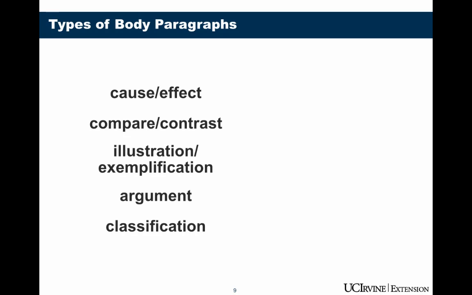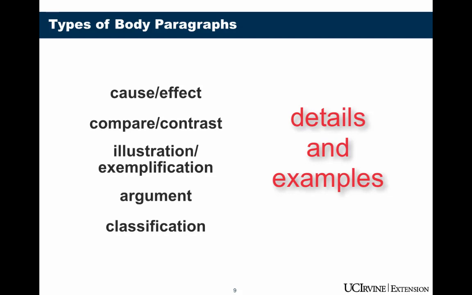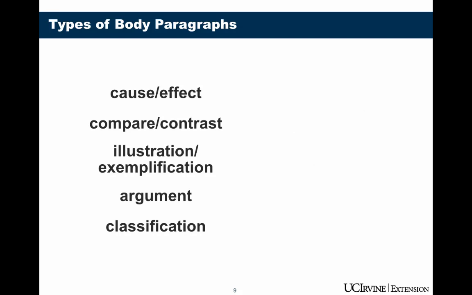That same structure is used for cause-effect, compare-contrast, illustration, which is sometimes called exemplification, argument paragraphs, and classification paragraphs. These 5 types all have a topic sentence with probably 3 supporting ideas and then details and examples for each of those supporting ideas. The structure of those paragraphs will all be the same.